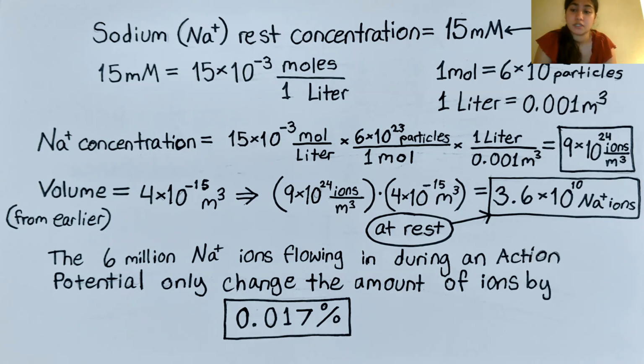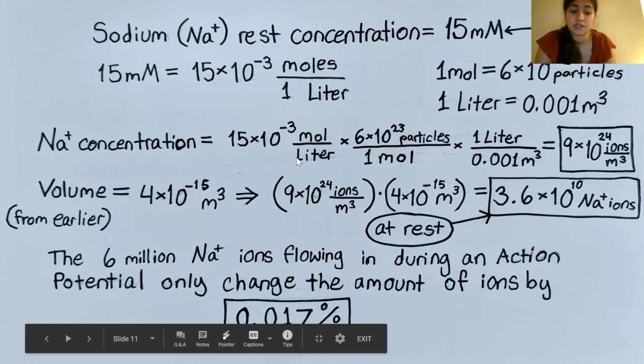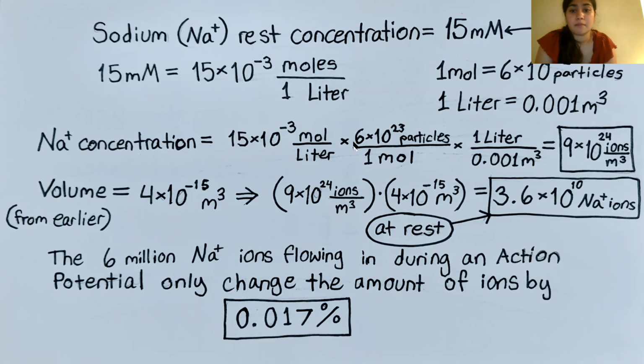0.001 meters cubed. So the sodium concentration is going to be the 15 times 10 to the -3 moles per liter, multiplied by the number of particles per mole, multiplied by how many meters cubed there are in a liter, which ends up giving you 9 times 10 to the power 24 ions per meter cubed.